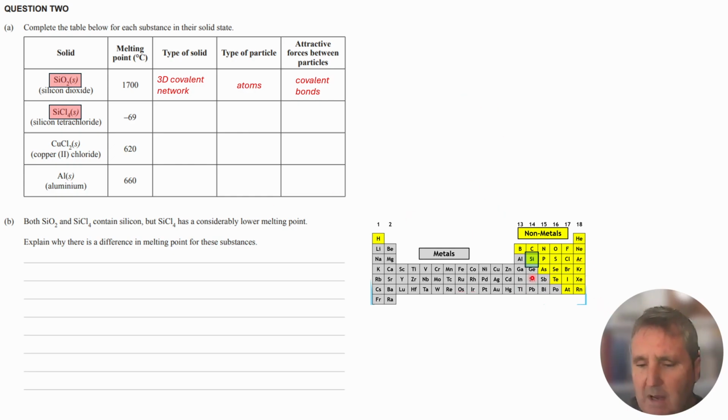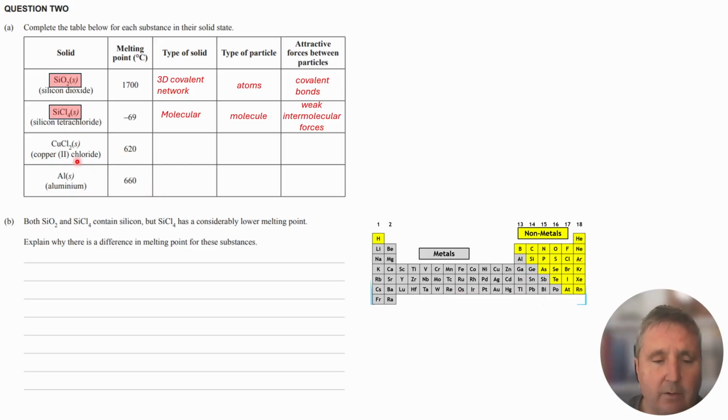Now, if you have 2 non-metals and it's not silicon oxide or carbon, then we know it's going to be a molecular solid. And we know molecular solids are made up of molecules, and that these molecules are held together by weak intermolecular forces. Let's do the next one.